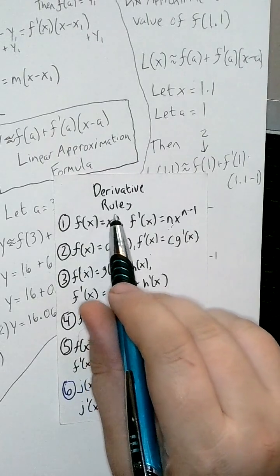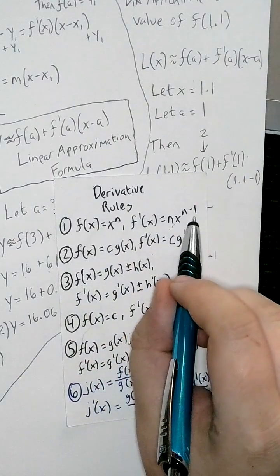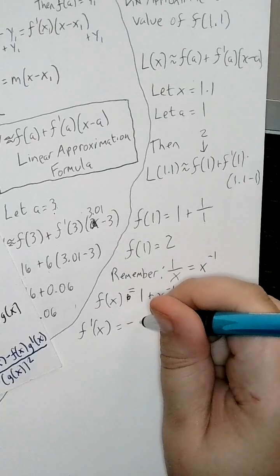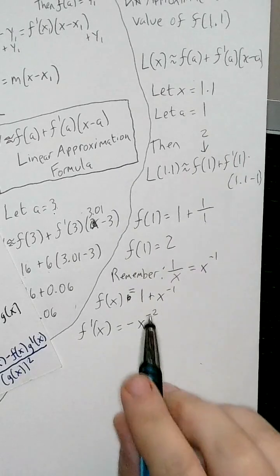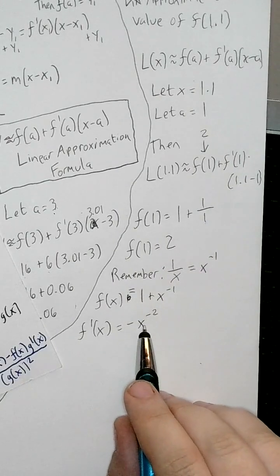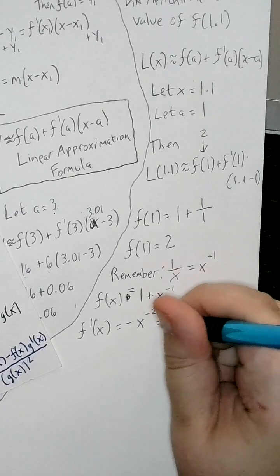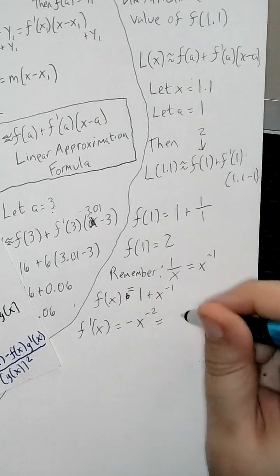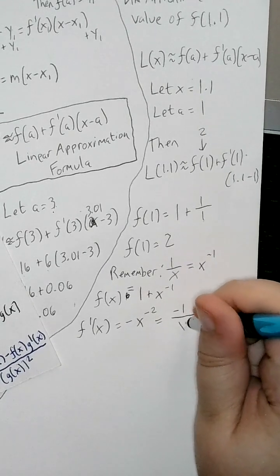Take the negative 1, move it out front, and multiply it by 1. And then subtract 1 from the exponent. So this would be negative 1 times x to the negative second. But remember, in order for me to make this a positive exponent, I need to take anything that I'm raising to that power and move it into the denominator. So this would be negative 1 over x squared.